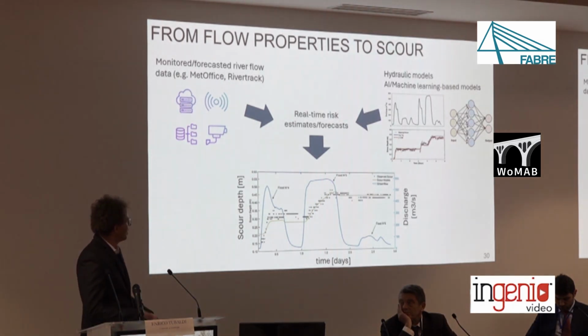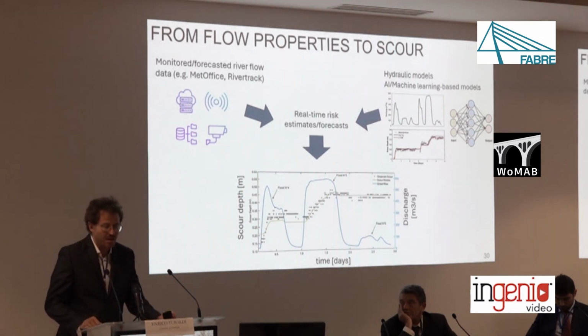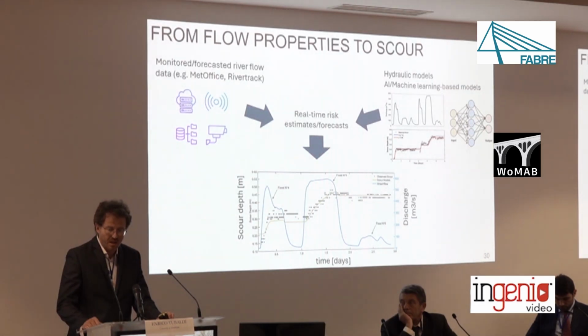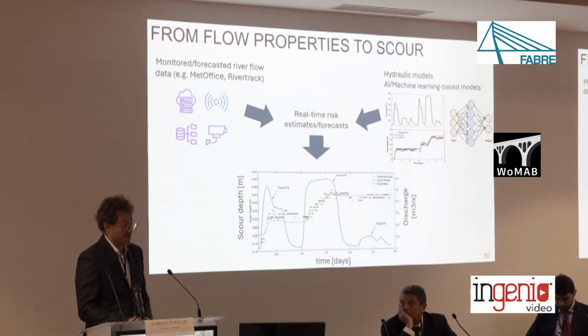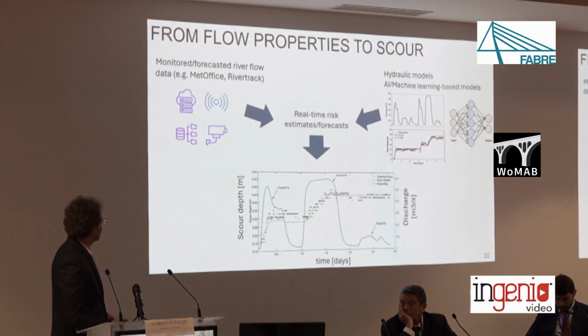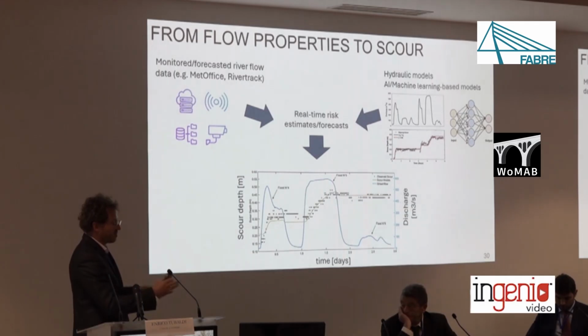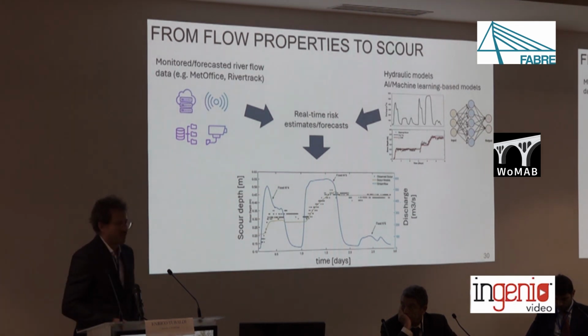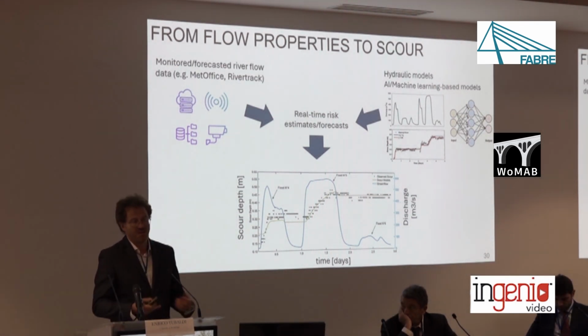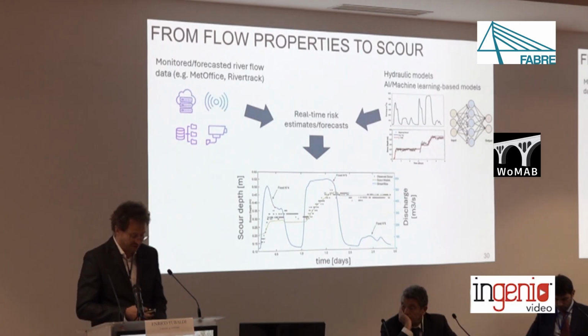But we are also exploring machine learning based approaches, and we have access to a large database of scour measurements for many bridges in the US, and we are going to exploit this to calibrate a better formula for scour, for field analysis. So there is this combination of data from sensors and data from modeling that together will provide estimates of the temporal evolution of scour, obviously with associated confidence levels.